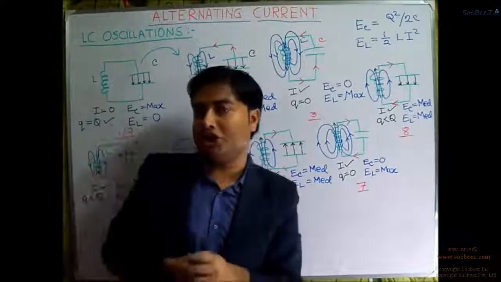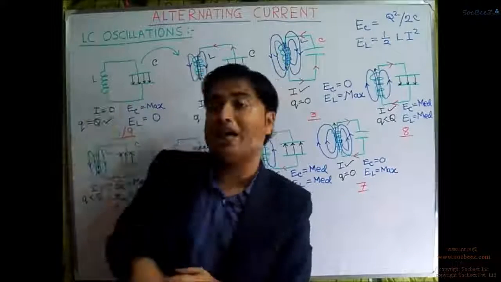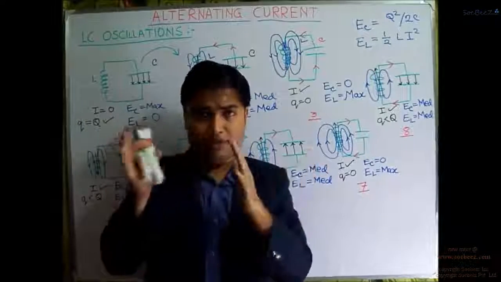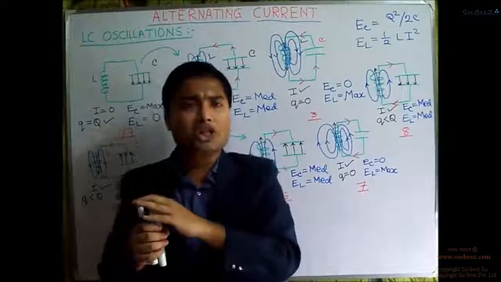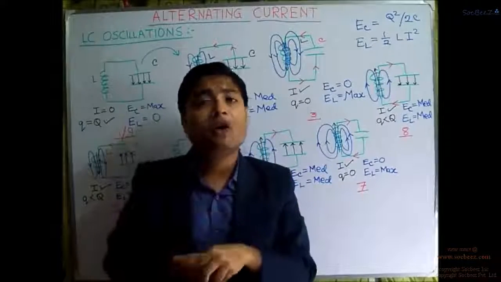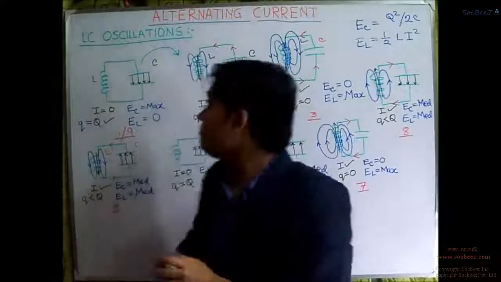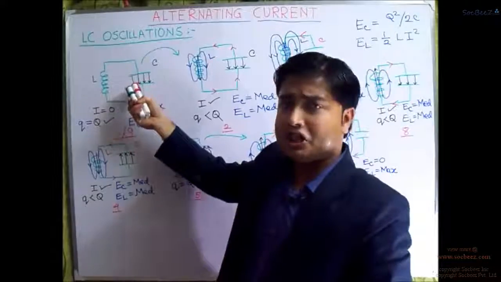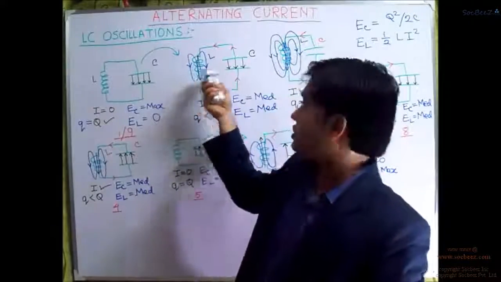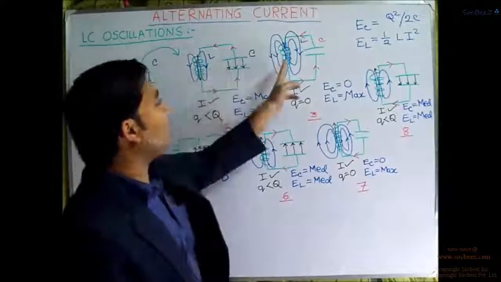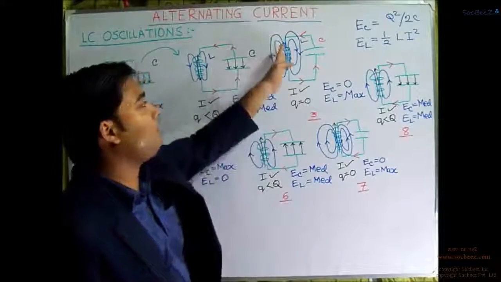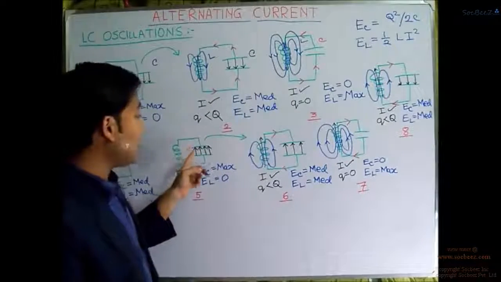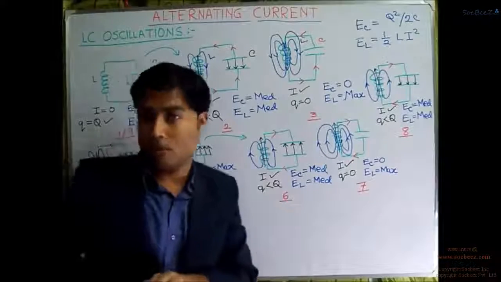So in LC oscillation, the main thing we could understand is that there is a constant transfer of energy from the electric field of the capacitor to the magnetic field of the inductor, and vice versa. The energy is transferred from the magnetic field of the inductor to the electric field in the capacitor.